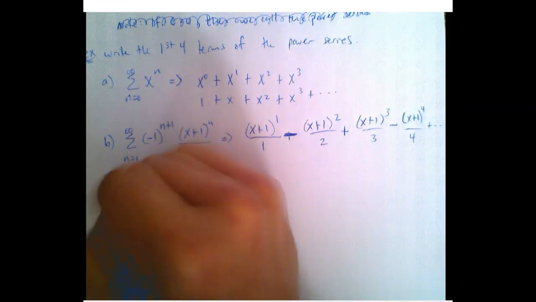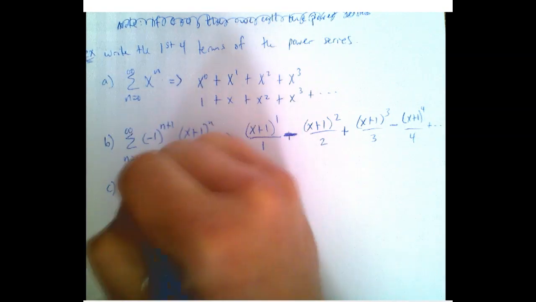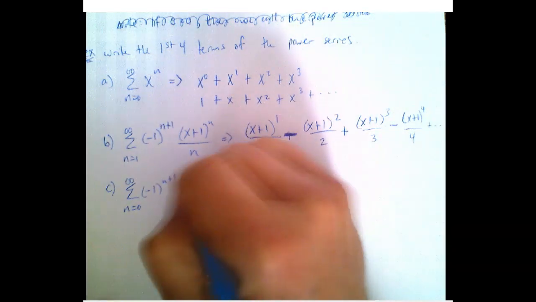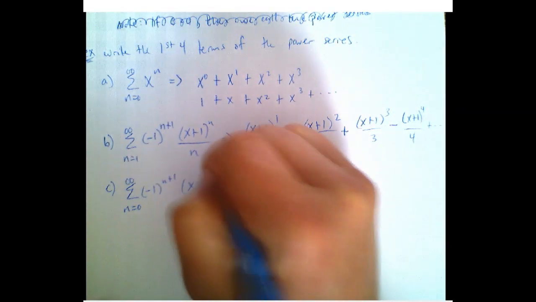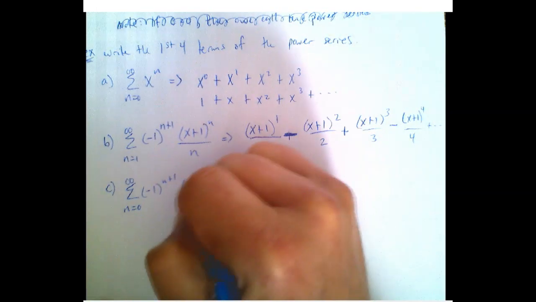Last one, n equals 0 to infinity, negative 1 to the n plus 1, x minus pi to the 2n over 2n factorial.